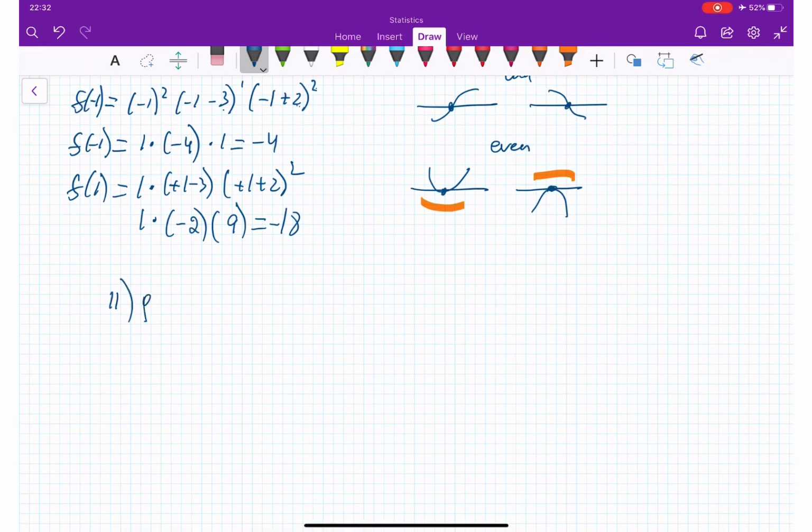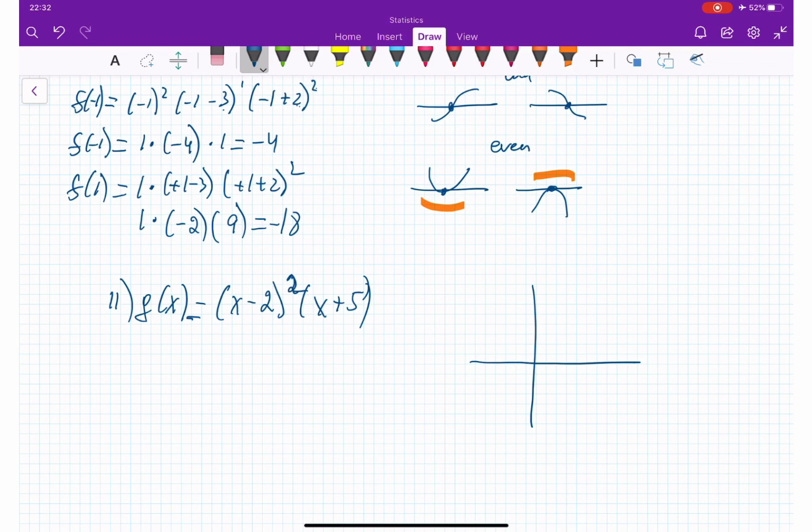So we have g of x is equal to (x minus 2) to the power 2 times (x plus 5). For the graph, how much degree do we have? Our degree will be here 2, here will be 1, right? Degree 1.